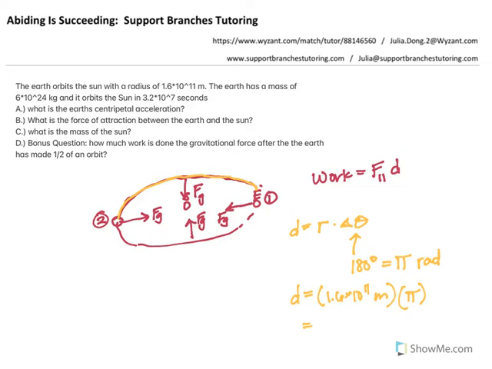So 1.6 times 10 to the 11 times pi is 5.0 times 10 to 11 meters. Okay? So the Earth has traveled 5 times 10 to 11 meters when it goes from point A to half of its orbit, point 2. So that's distance. That's d.